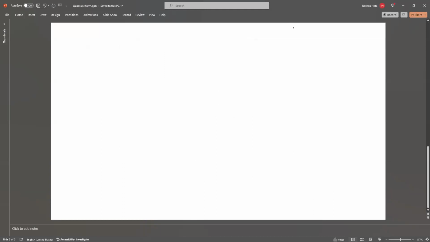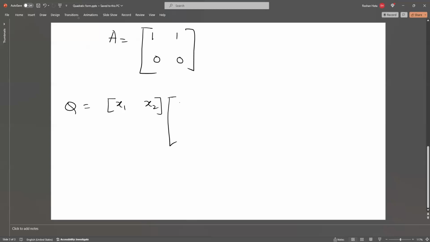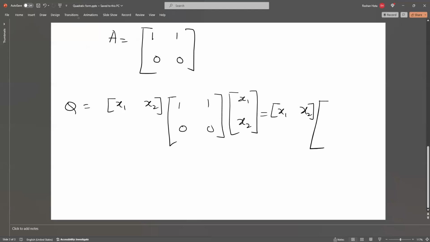Similarly, if I go ahead and choose some other A, for example, if I choose A like this, I can again go ahead and try to compute the value of Q, which is the quadratic form, and I will get an expression like this. I can simplify this by doing the matrix multiplication.